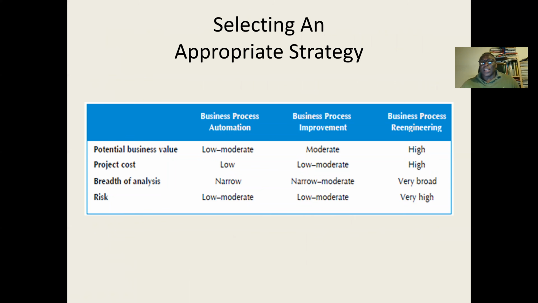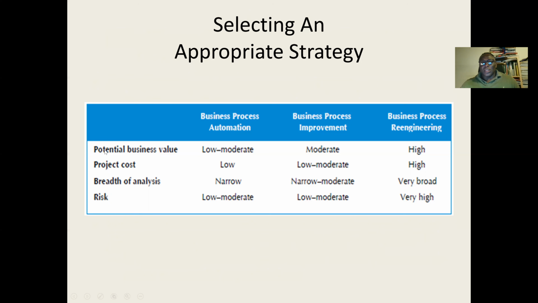So selecting an appropriate strategy, we have a few things here. Again, we have business process automation, business process improvement, and business process reengineering. Reengineering: we spend a lot of time on a new system, less time on the current system. Moderate: moderate time on a new system, and the same applies to the current system.